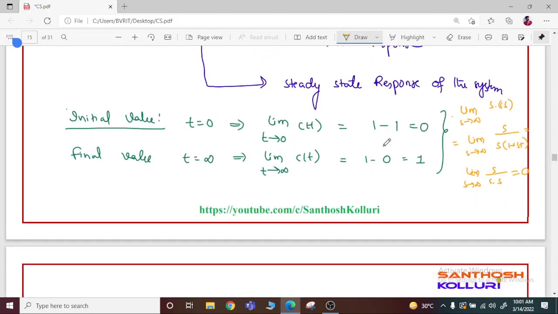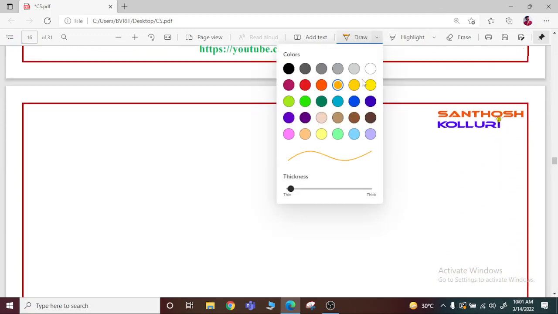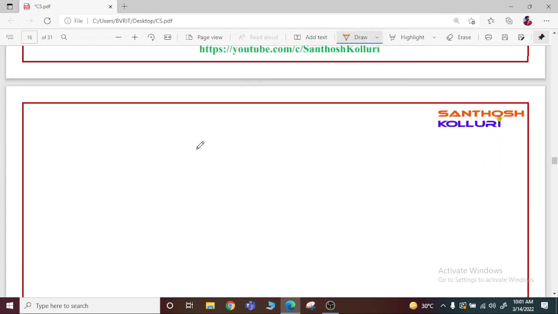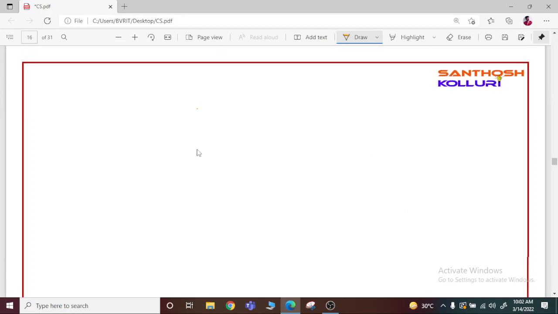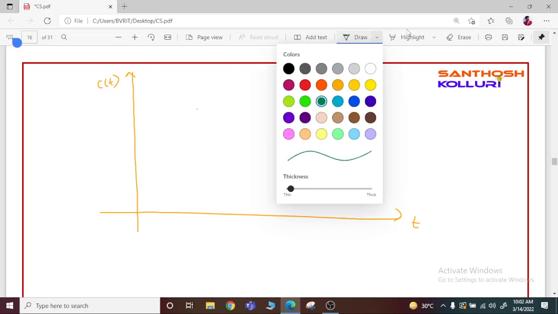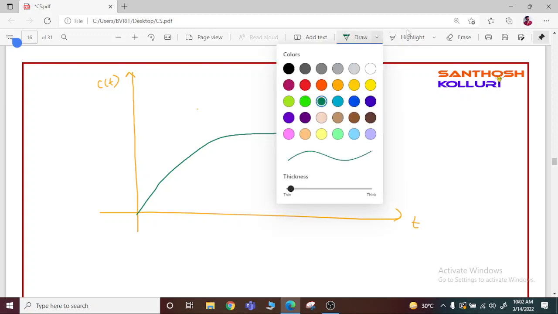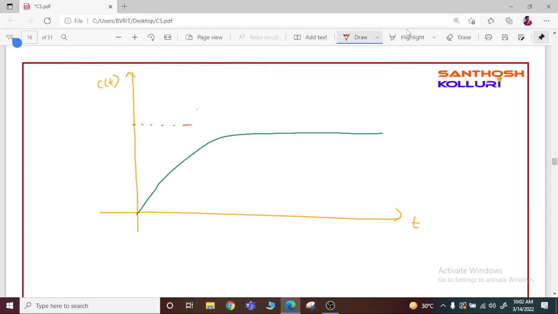And if we draw the graph, this is time t, this is c(t), and the graph will be like this. The actual value is here, for a unit step signal, so this will be the value of 1. So let us calculate here how this graph will be.